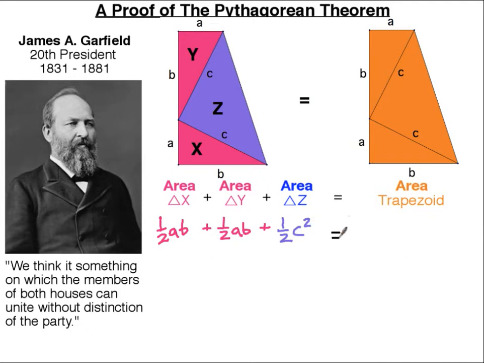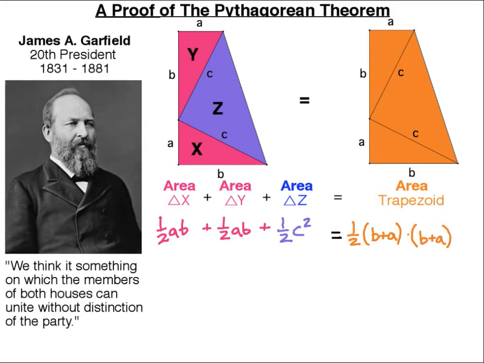And we know that this area is equal to the area of this trapezoid. Now the area of a trapezoid is base 1 plus base 2 divided by 2. Another way to write that is 1/2 B plus A times the height. Now the height is B plus A. So we have another B plus A.